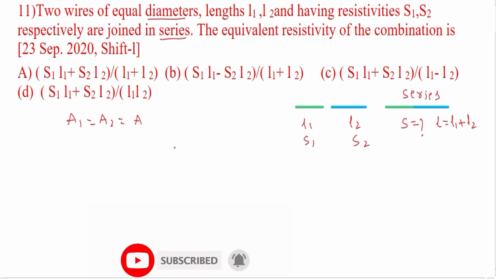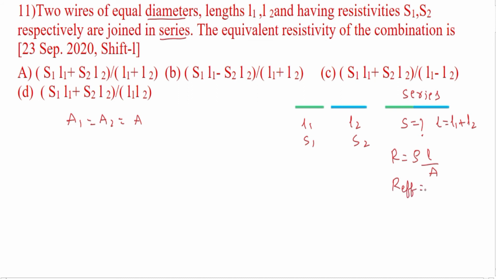Now we know the formula for the resistance of a conductor: R is equal to rho L by A, where rho is the resistivity of the resistor, L is the length of the conductor, and A is the area of cross section. And we know that when two resistors are connected in series, R effective is equal to R1 plus R2.